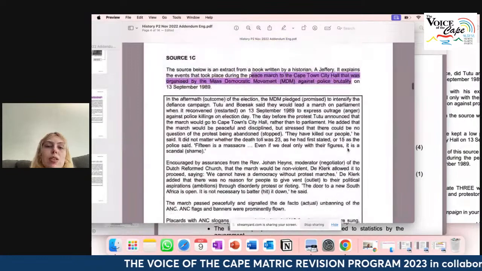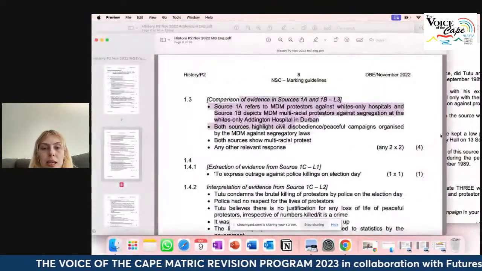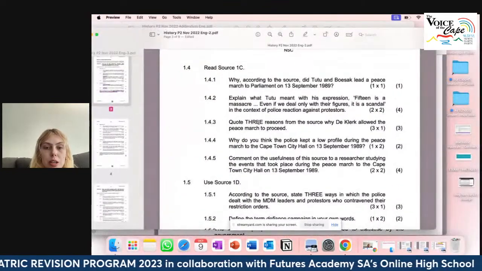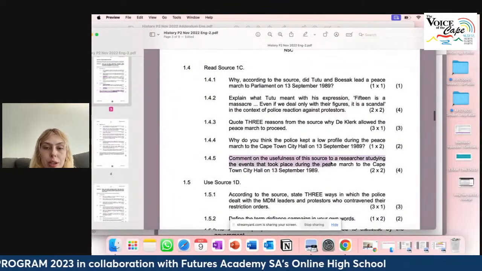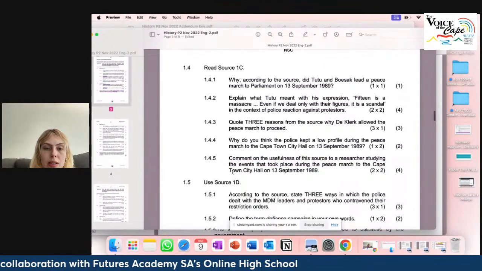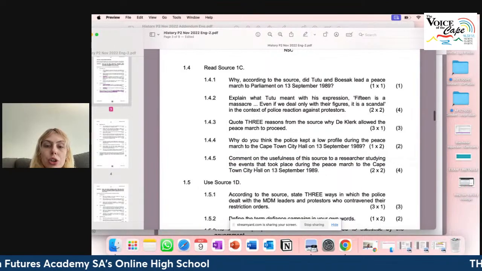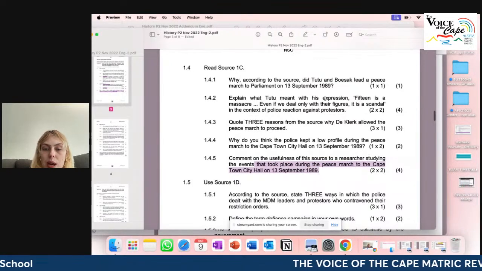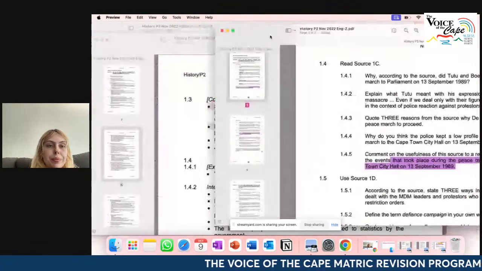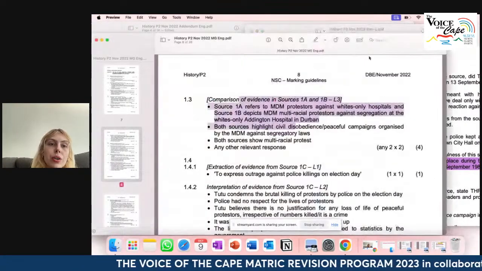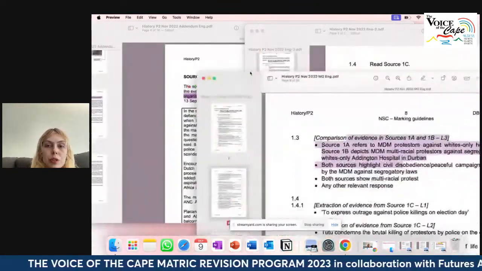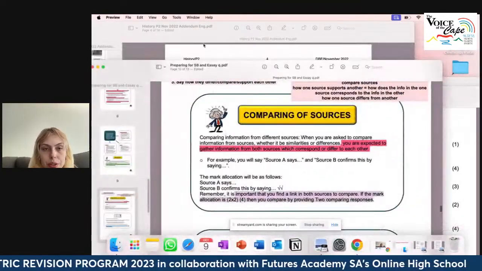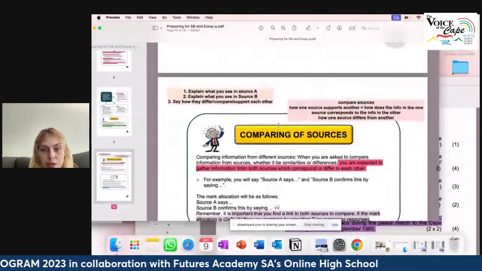So they're asking us here if the source would be considered useful. Comment on the usefulness of the source to historians studying the events that took place during the Peace March to the Cape Town City Hall on 13 September 1989. Okay, so usefulness is different from a reliability question. A source can be useful but not reliable.